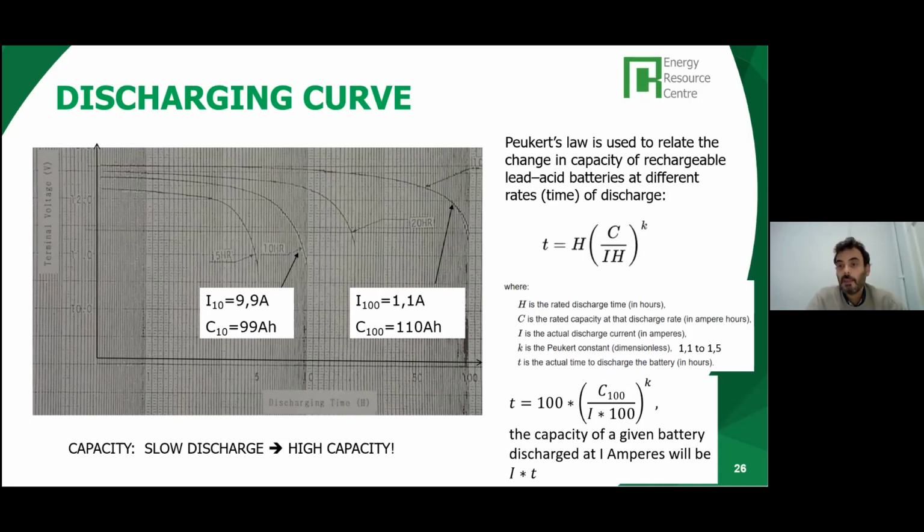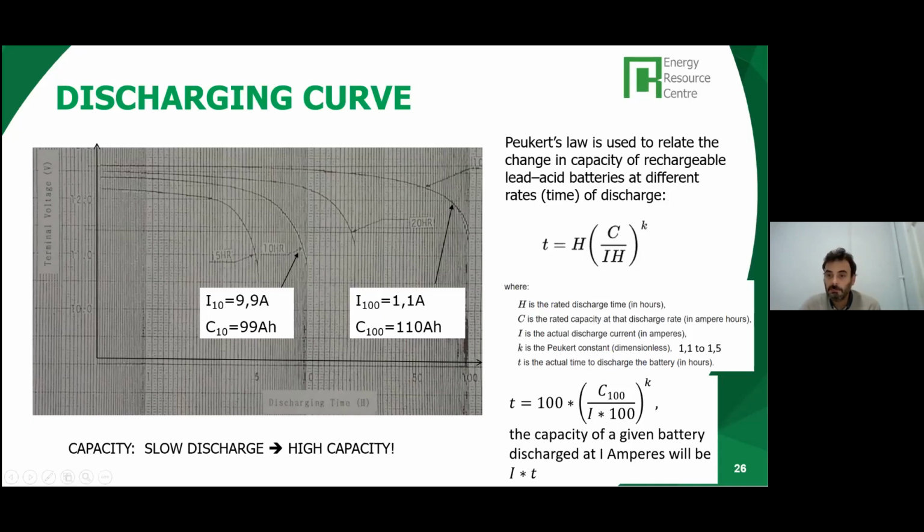There is an equation that relates these changes. That's called Peukert's law, which is used to relate the change in capacity in lead-acid batteries. Typically this Peukert constant is rated as 1.1 to 1.5 in lead-acid batteries.